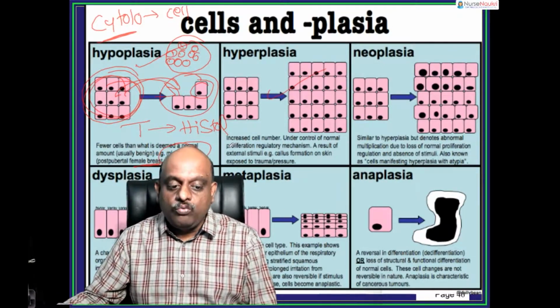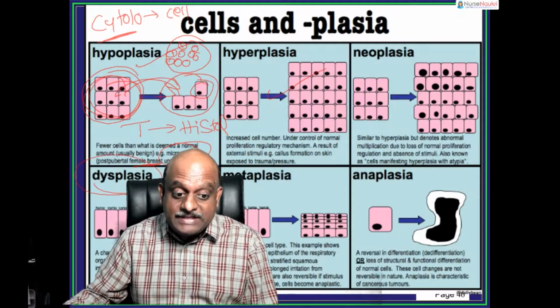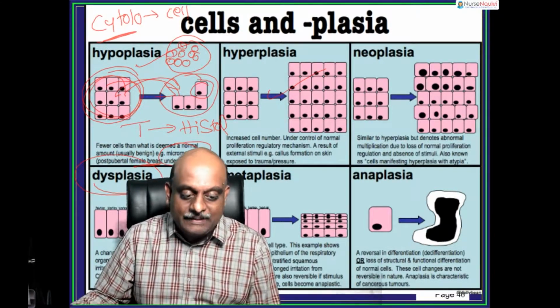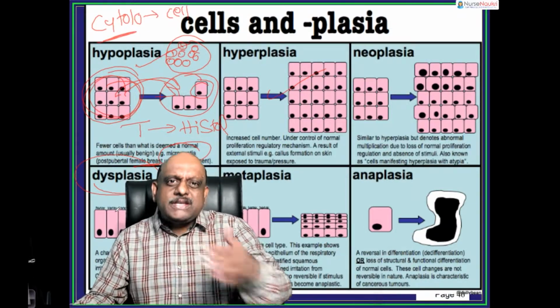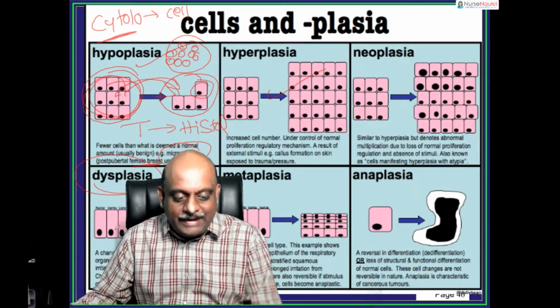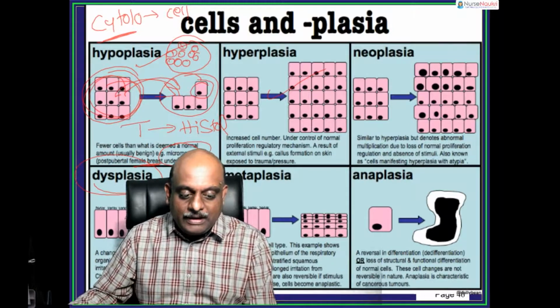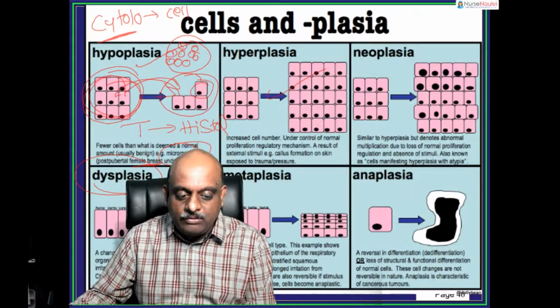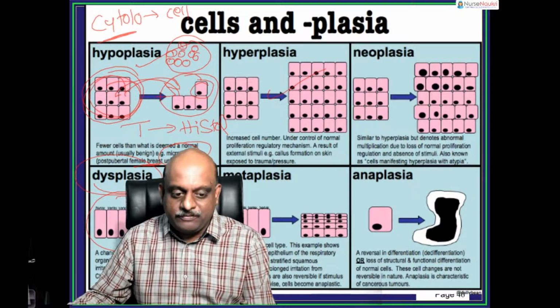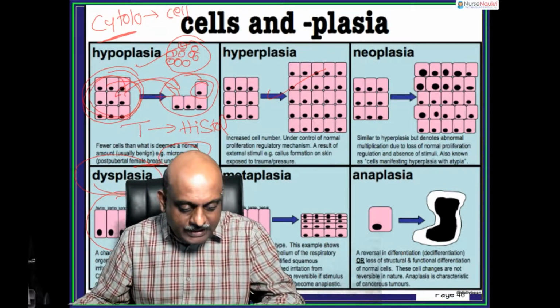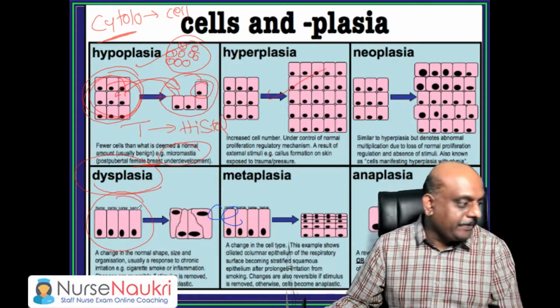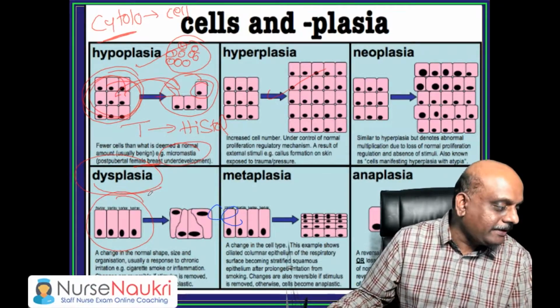Now, what is meant by dysplasia? Dysplasia. Typically, if there is a constant irritation, then what will happen? Suppose this is the shape of the cell, I hope you are not able to see this. I'll move myself this side, so that you can see it better.